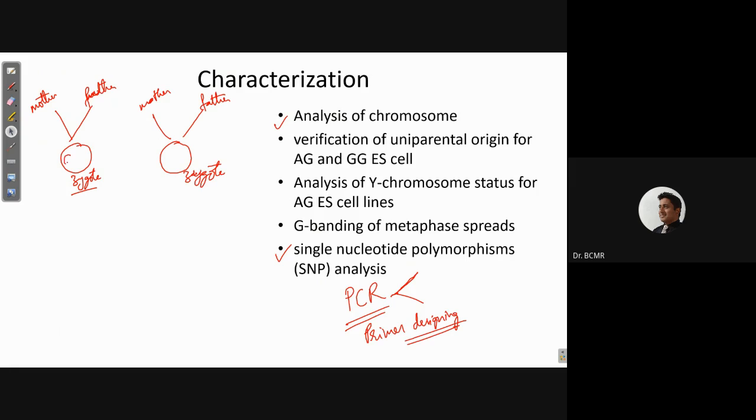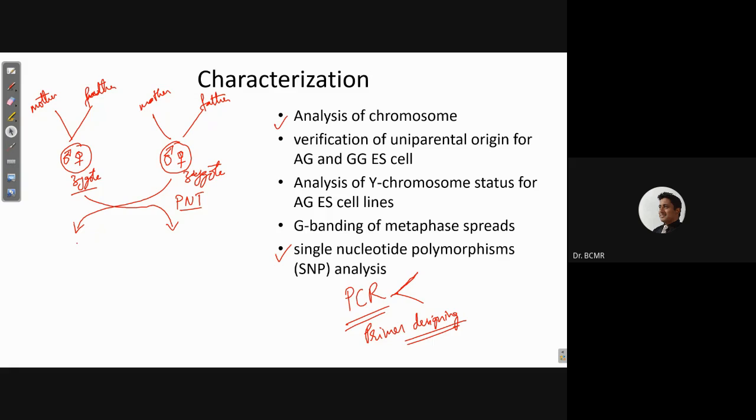And we have a male pronucleus and a female pronucleus. They are biparental. Then we are going to perform the PNT, pronuclear transfer. When we do that, we exchange the male pronucleus from one zygote to the other.